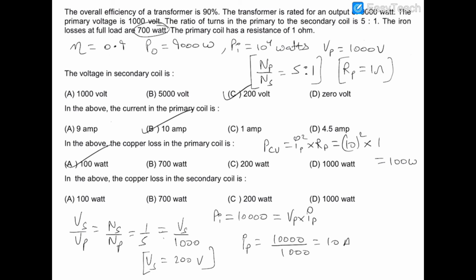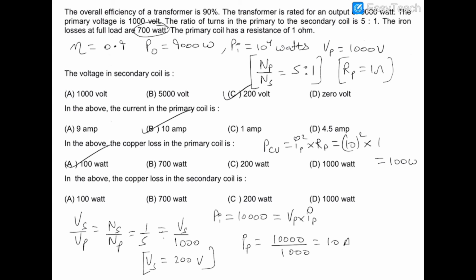Now you can see that the input power is 10,000, and the output power is 9000 watts. So the difference is 1000 watts, and 700 watts is lost in iron losses in the core, while 100 watts is lost in the primary winding as copper losses.